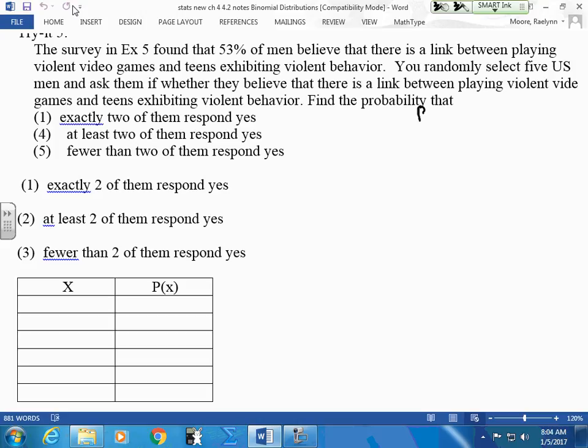So let's talk the whole thing through. What makes this a probability distribution? Binomial? Step back one step, just what makes this a table that works? What makes our table a probability distribution? Not binomial. That's binomial.